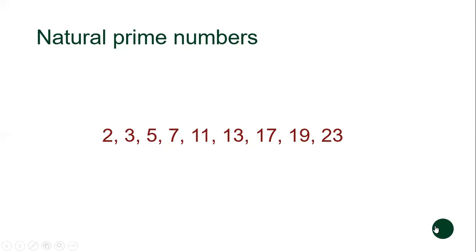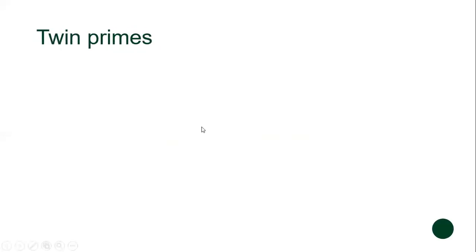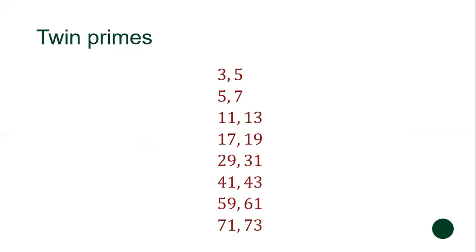Next, twin primes. Twin primes are a set of two consecutive odd primes which differ by 2. So what do we mean by that? Let's see an example. First, we have here 3 and 5. They are twin primes because their difference is only 2. So 5 minus 3 is 2.